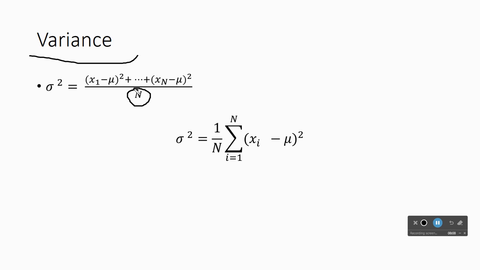We're taking a mean of another random variable. We take our original random variable x and subtract the mean from every value. Then we square that. This is a new random variable. We take its average. It gives us the population variance.